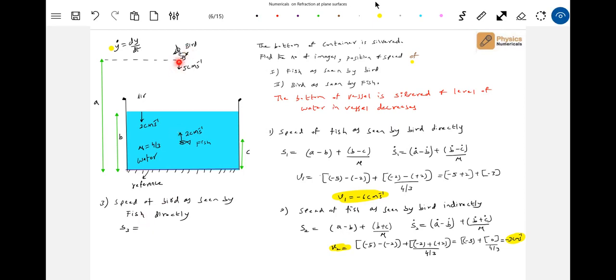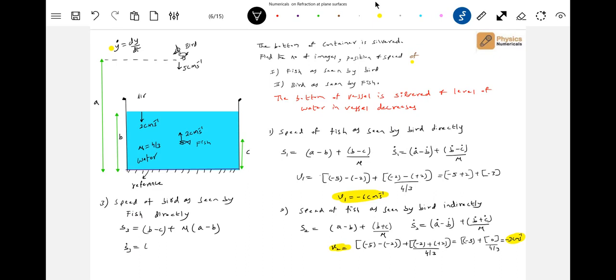So at what distance is the bird? At a minus B from the boundary. At what distance is the fish from the boundary? B minus C. So this will become mu times of A minus B.